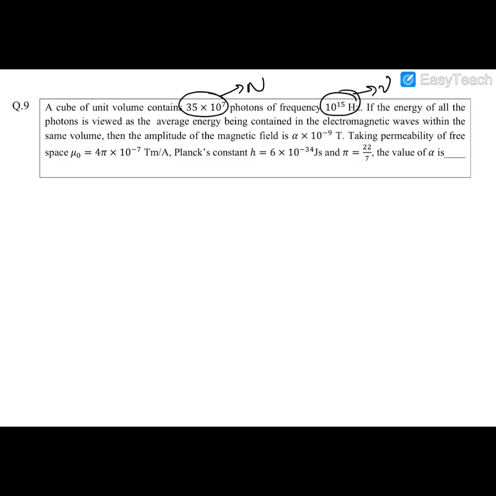Now this is a very easy question. We can see that the total energy per unit volume, which is also called energy density, is equal to h nu into n, where h nu is the energy of one photon and n is the total number of photons per unit volume.